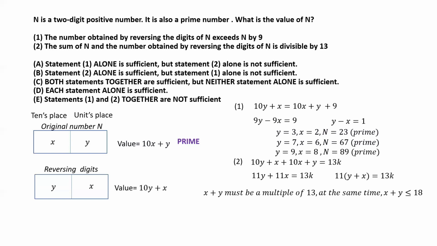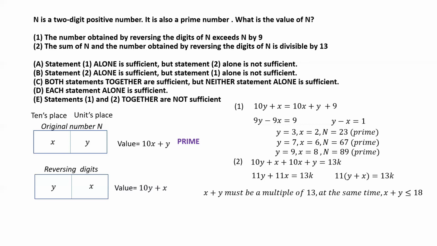But remember that x and y are digits of a two-digit number. So the maximum possible value of the sum x plus y is 18, because each of x and y has to be less than or equal to 9, since they're digits of a two-digit number. So they cannot exceed 9.